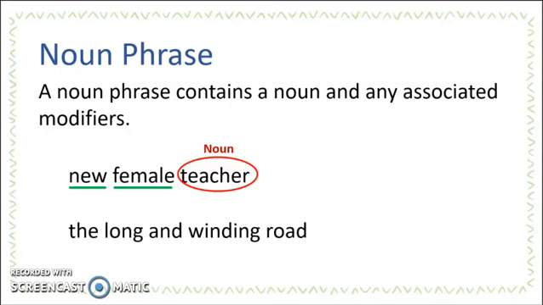Another example, the long and winding road. The modifiers in this group are, we have the noun road and the modifiers the, long, and winding. Since it has a noun and modifiers, therefore we can say that this is a noun phrase.